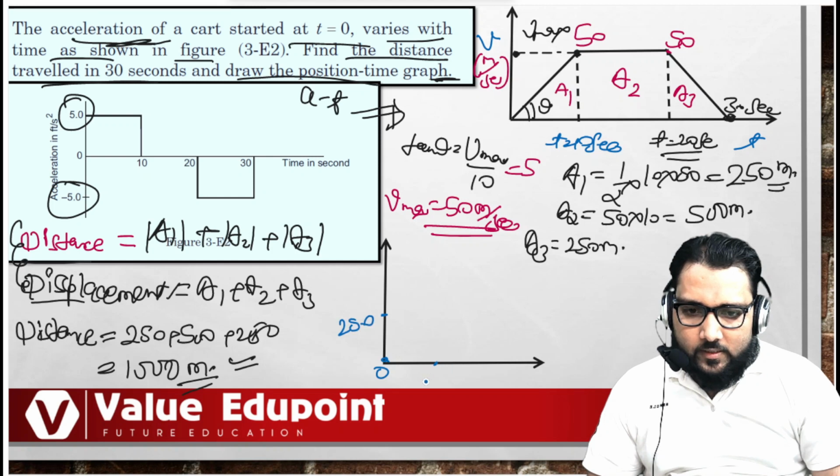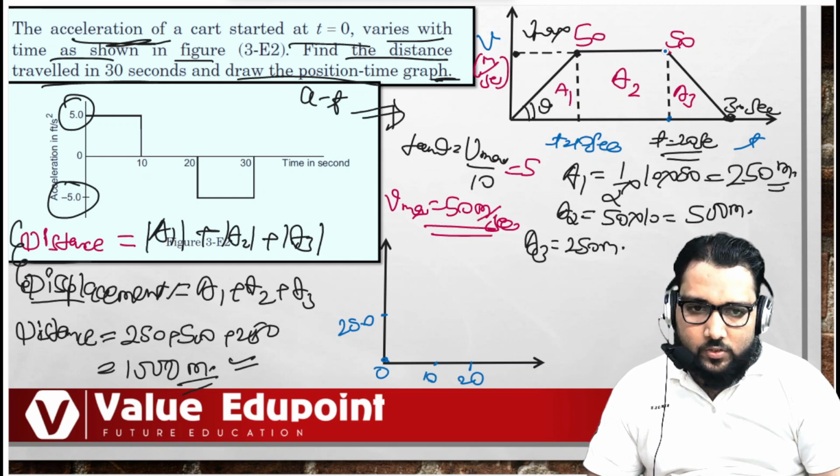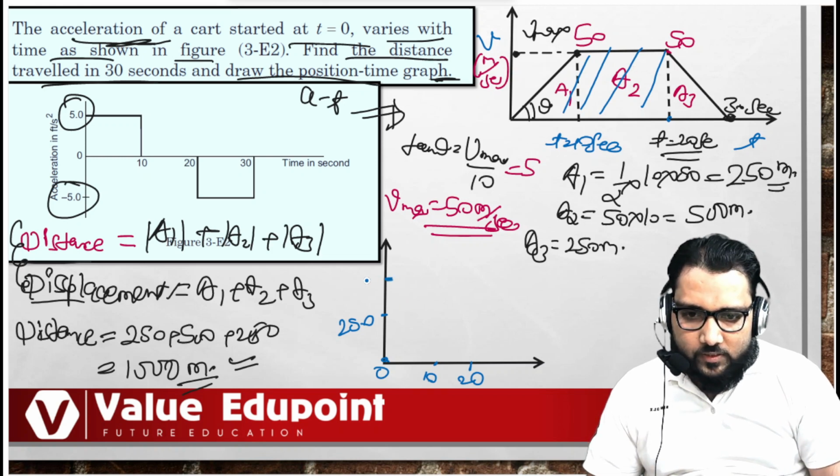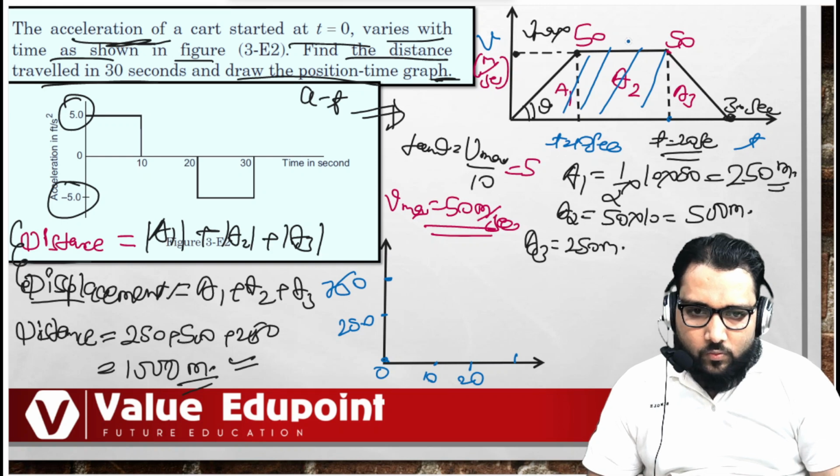This is 10. At 20 seconds, the total area of this triangle plus this rectangle comes out to be 750. And at 30 seconds the whole area is considered, that is 1000. So this point is 1000.